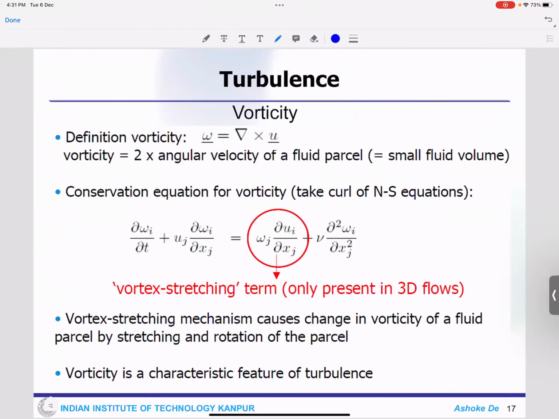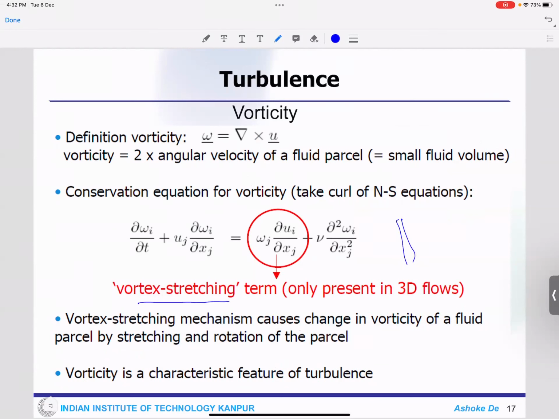Now, another important aspect when you see examples of turbulent flows is the vorticity. This is how you define the vorticity, which is essentially the curl of the velocity field. Vorticity also has a transport equation, having different terms.